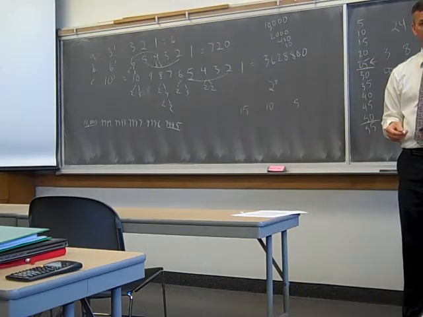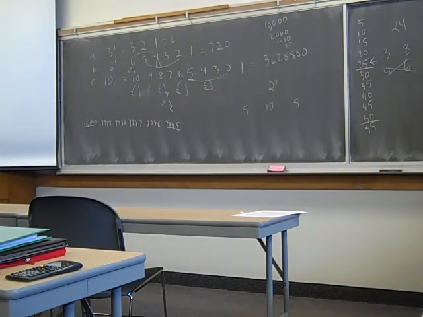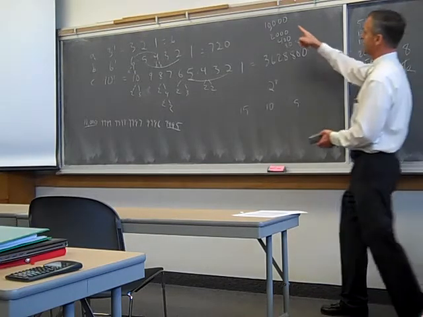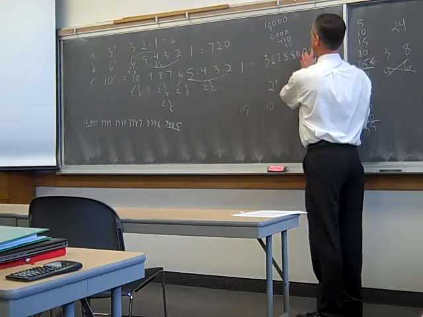Does everybody see what we're doing? Now, are there any 5 to the 4ths? What is that number? 625. Yes, there are. How many? Well, all we've got to do is take that number and divide it by 625. When we divide this number by 625, what do you get? 16.